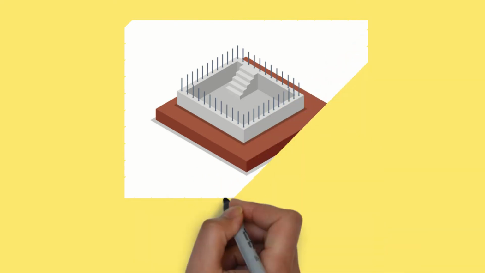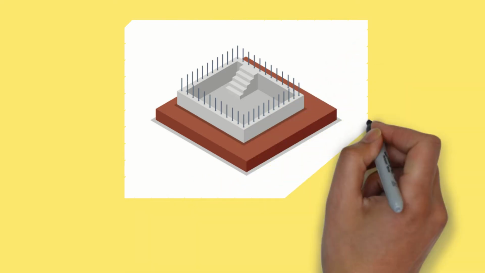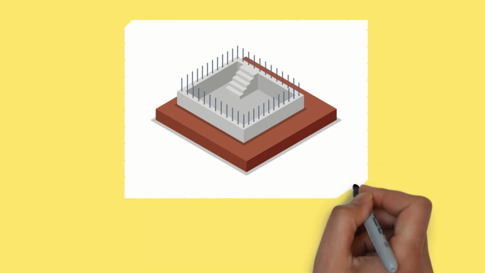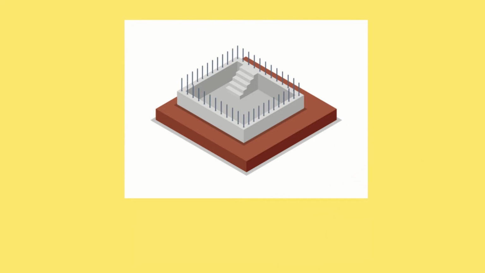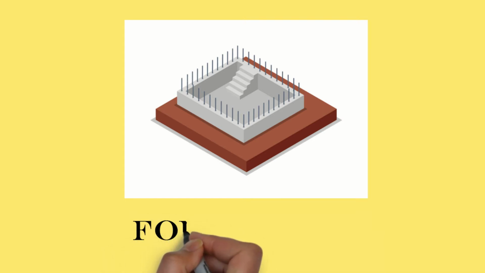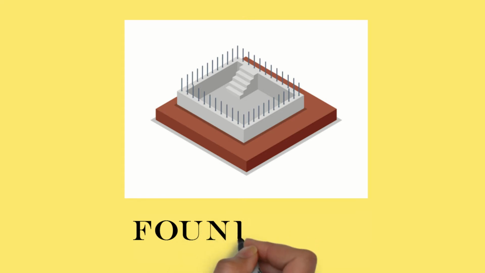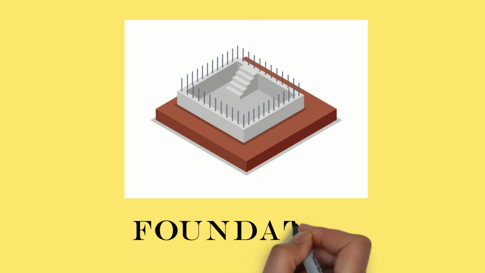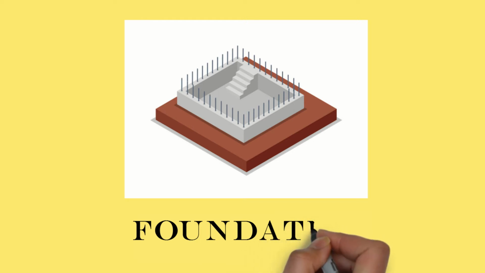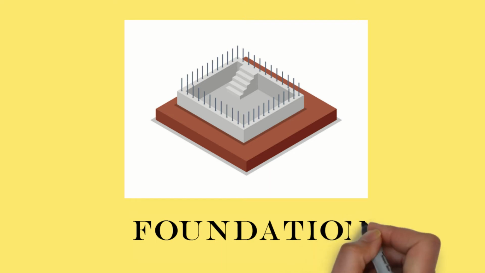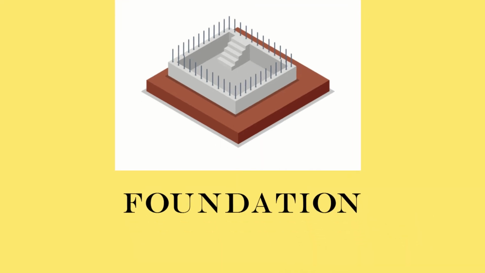In software application development, we need an integrated development environment, an IDE or editor, where we write lines of code, compile them and execute them, and then create software. So the foundation is installing the particular software or IDE.